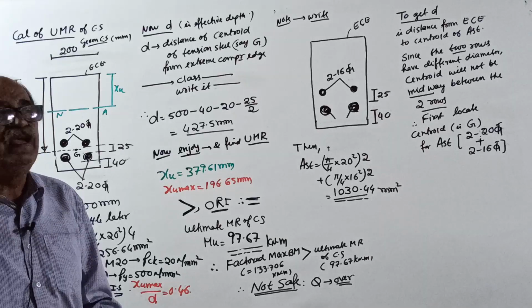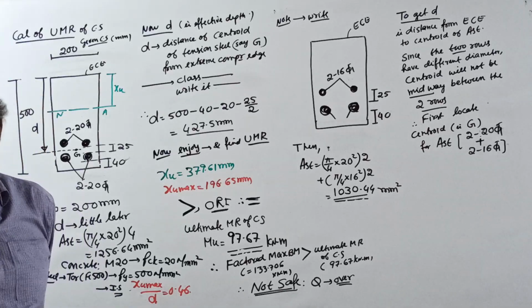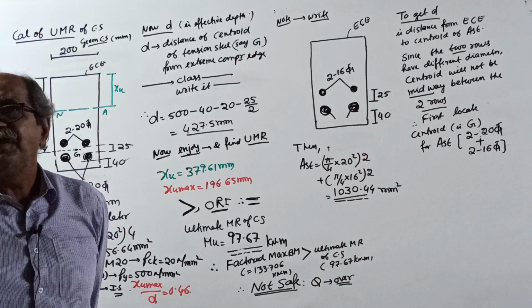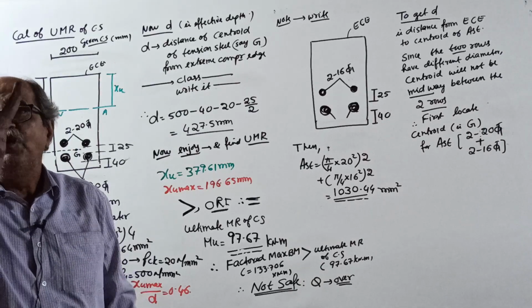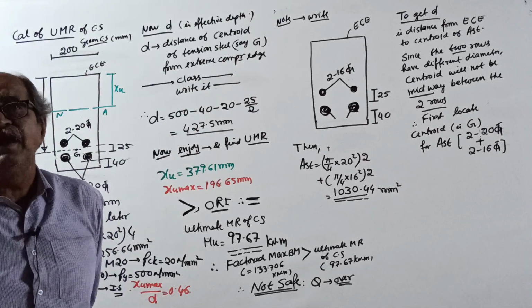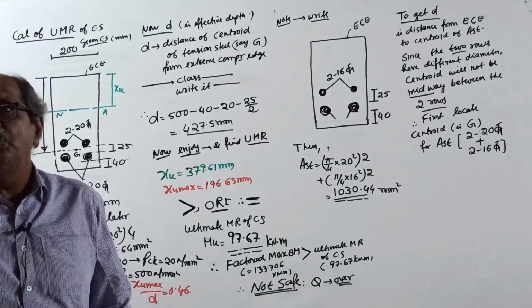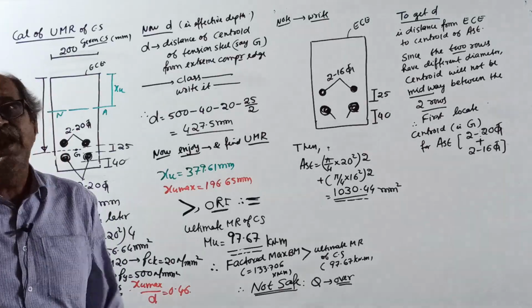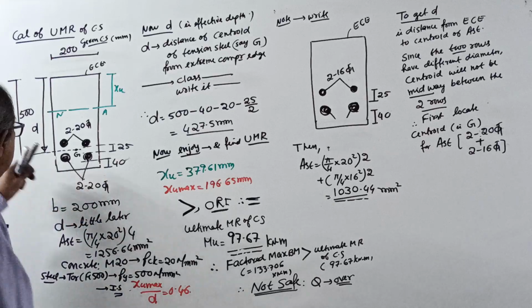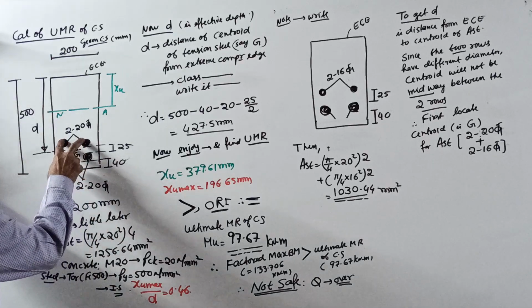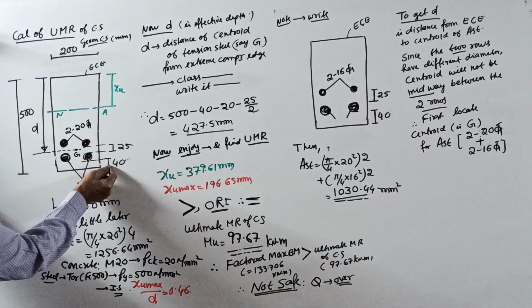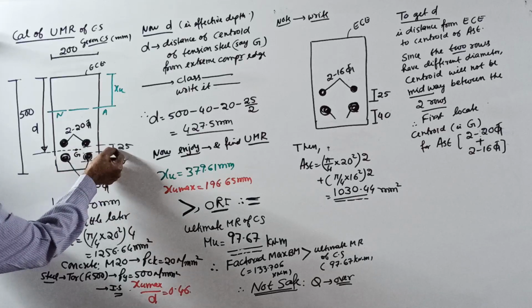See, I forget very easily. I think in the question I have given, the beam is reinforced on the tension side by 4 bars of 20 mm diameter in 2 rows of 2 bars each. Then okay. See, 2 bars here, 2 bars here. Correct. See, clear cover is 40. Between the rows, clearance is 25.